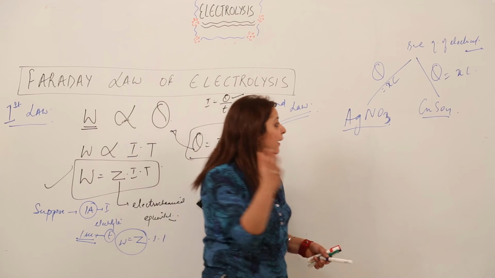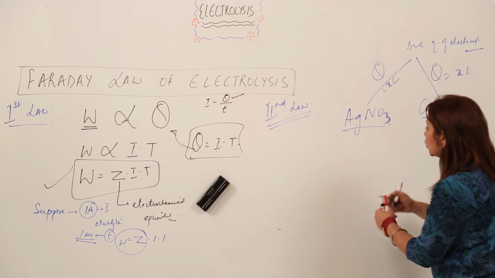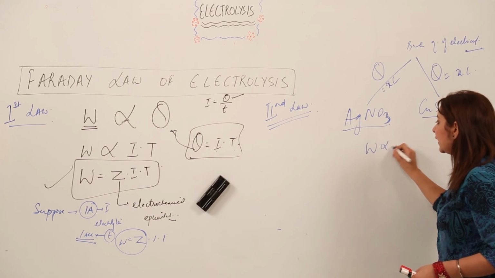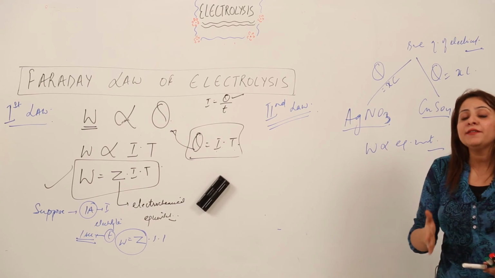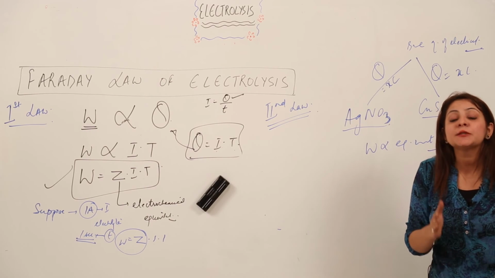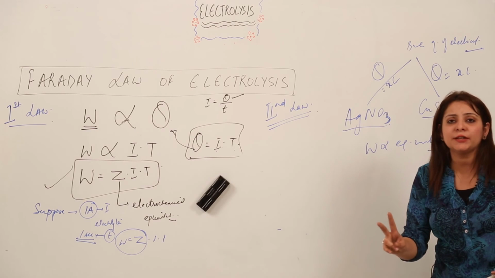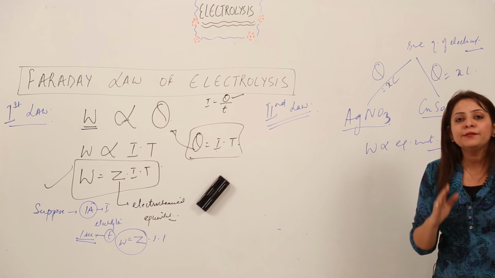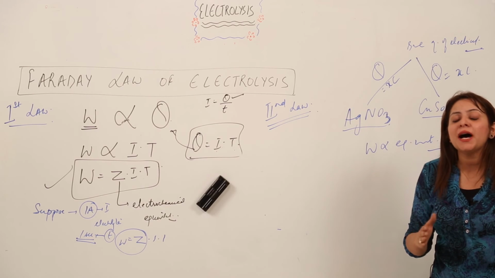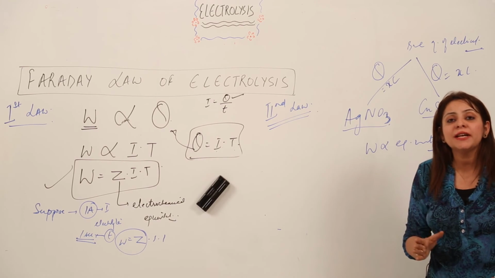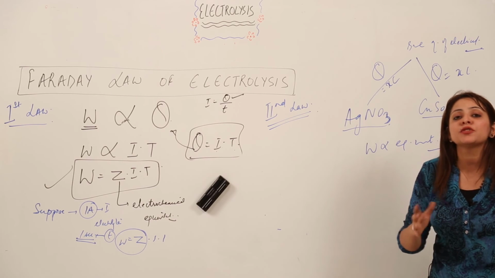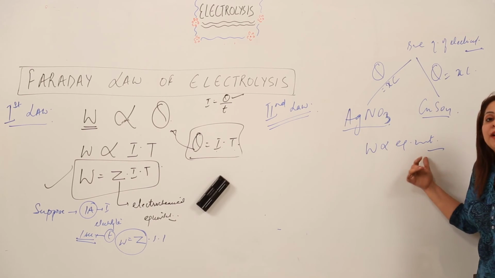The weight of the substance which I get after electrolysis will be directly proportional to the equivalent weights. So if the same amount of electricity is passed through two different electrolytes, then the weight of substance deposited at each electrode is directly proportional to the equivalent weight of that substance.